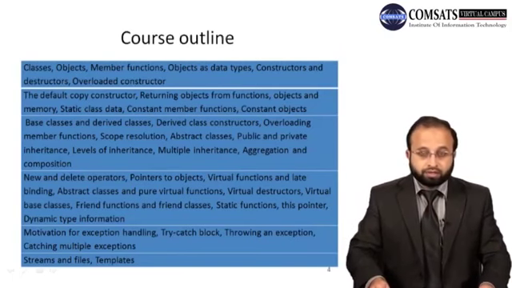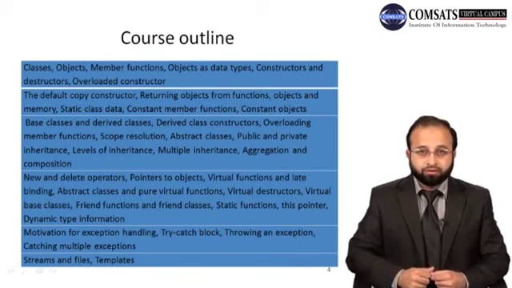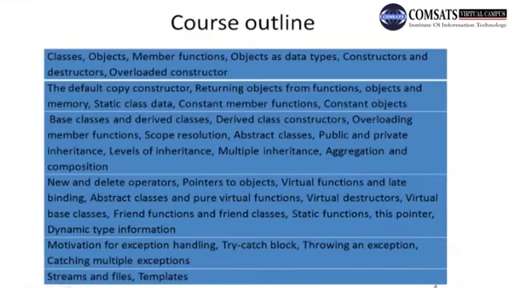We will see first what is a class, object, and member function of a class, constructor, destructor. So basically the main concepts of object-oriented programming are class, object, encapsulation, polymorphism, and inheritance, and these are basically the sub-concepts that lie inside these big concepts, right?